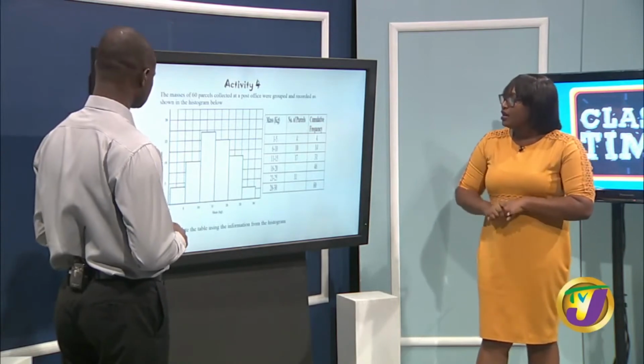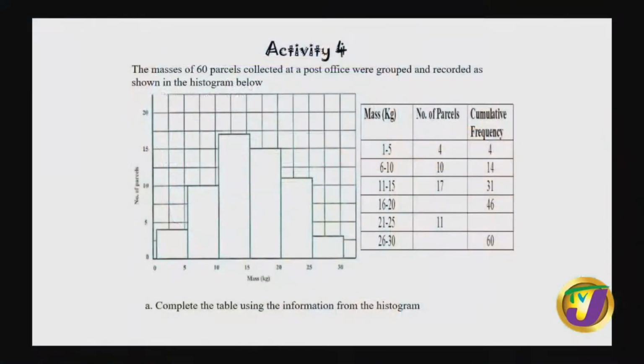If you notice the relationship, for the first interval, 1 to 5, we have 4 parcels. We can see it right here, and it's the same thing when we look at our histogram. They're asking us now for the interval 16 to 20. How many parcels do we have?